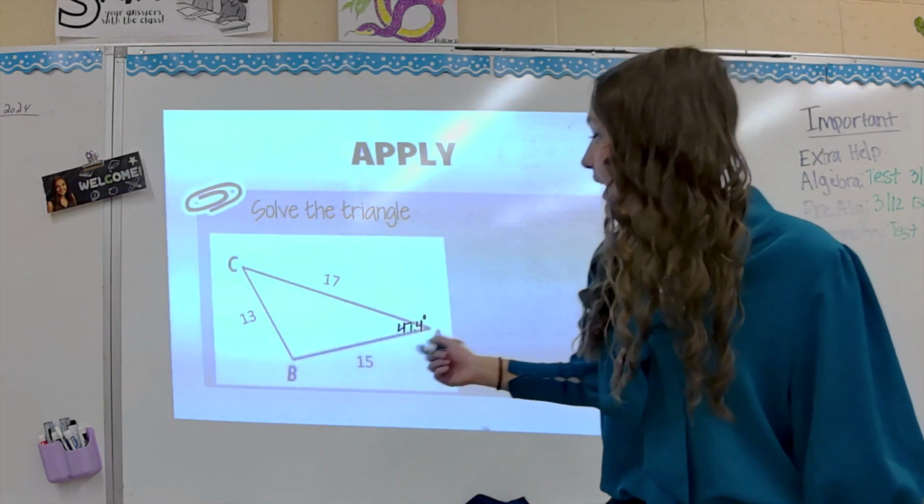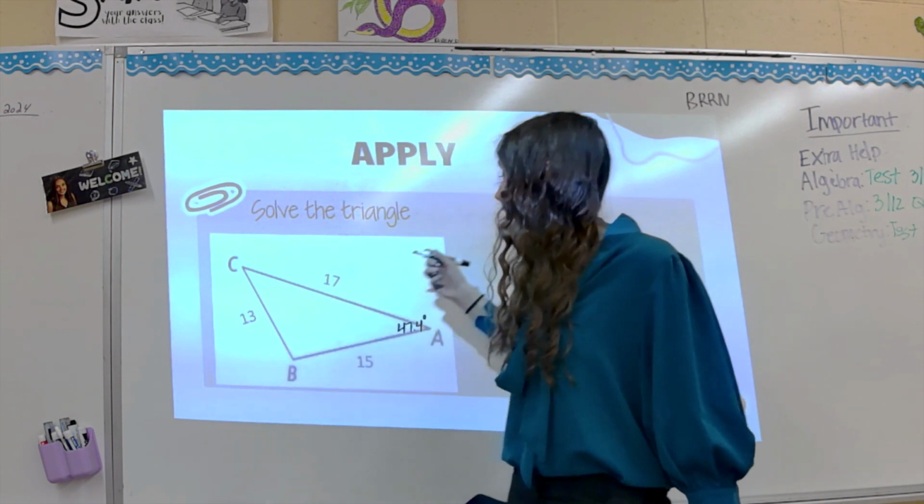So now I'm going to try to find angle B. Across from angle B is 17.